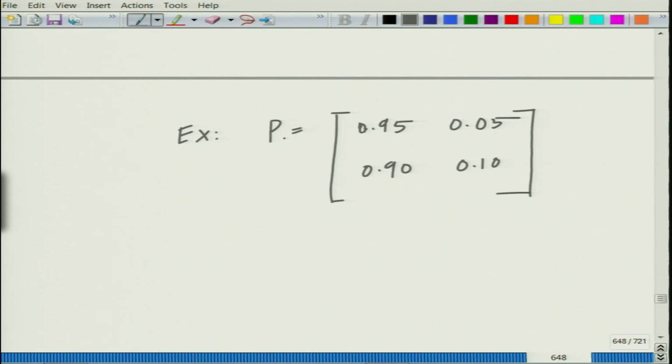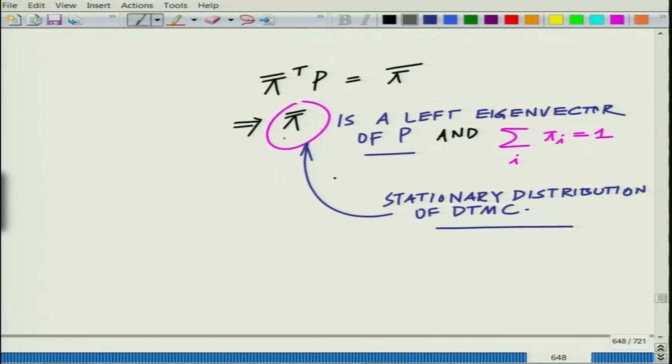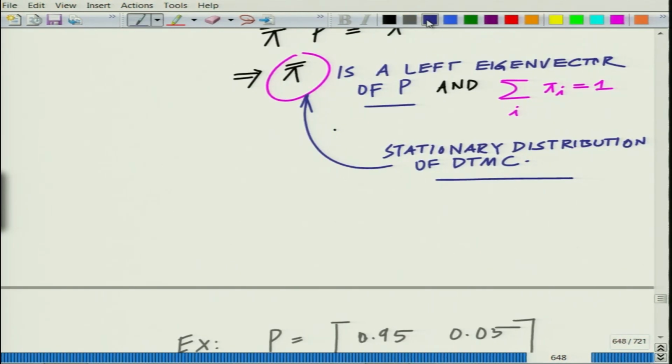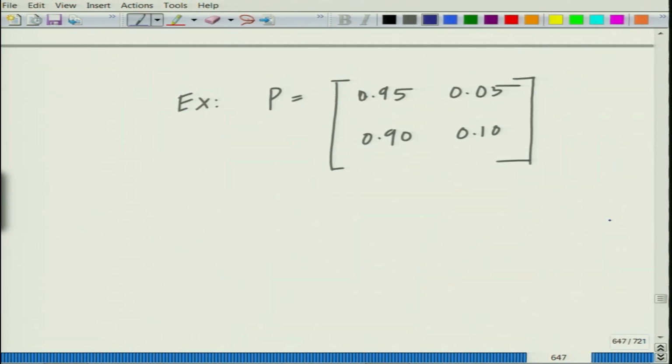You can either say this is the left eigenvector of P, or if you take the transpose, you can also write it as P transpose pi bar equals pi bar. This implies that pi bar is a right eigenvector, or we simply call it an eigenvector of P transpose. So now take the eigenvector of P transpose and find it.